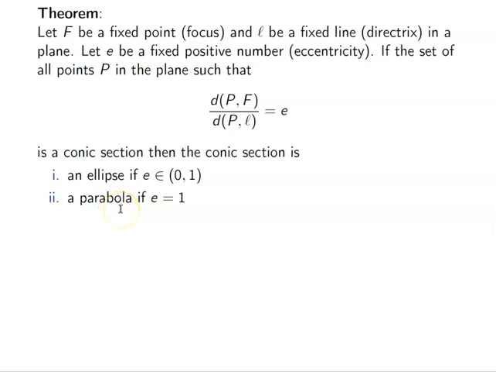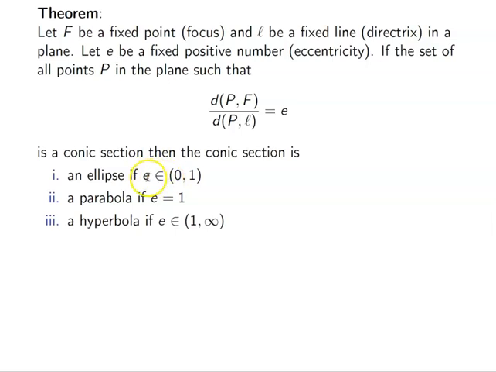And so the shape of our conics changes depending on the eccentricity, right? And if it's larger than 1, it's going to be a hyperbola, right? So our value of E determines the shape of the hyperbola. And the value of E for the ellipse determines basically the roundness of the ellipse, okay?